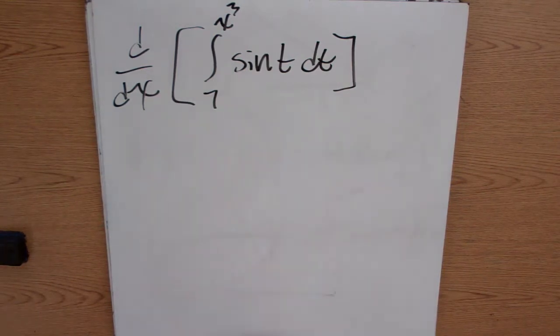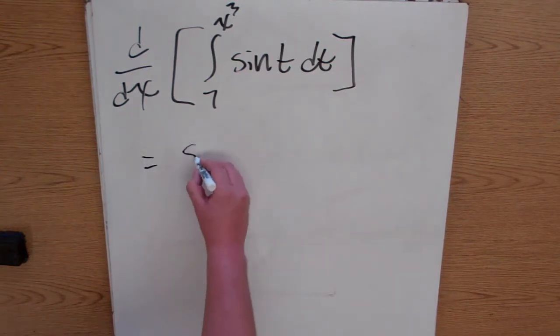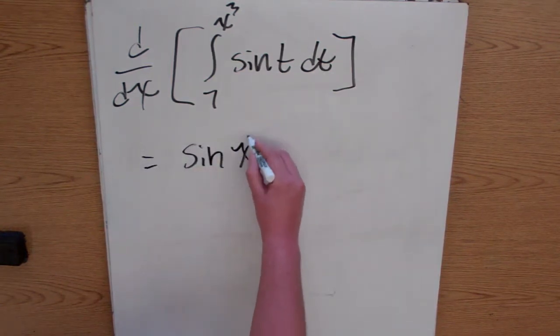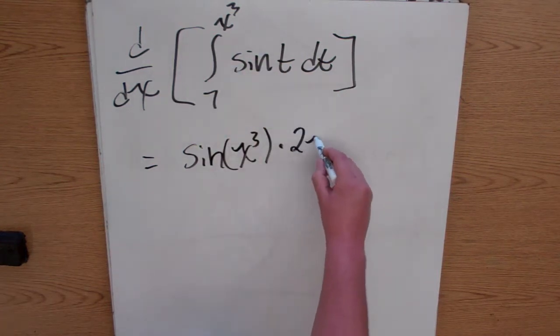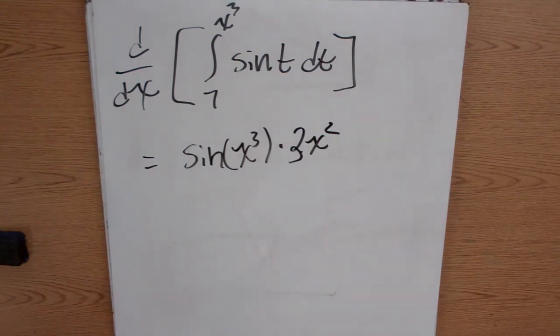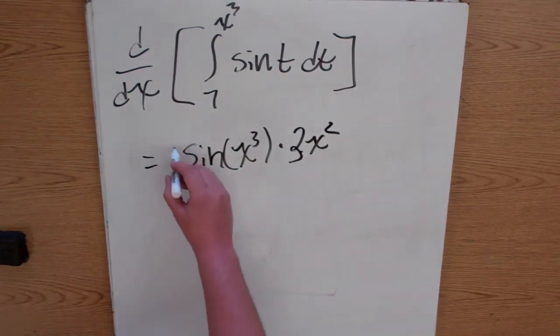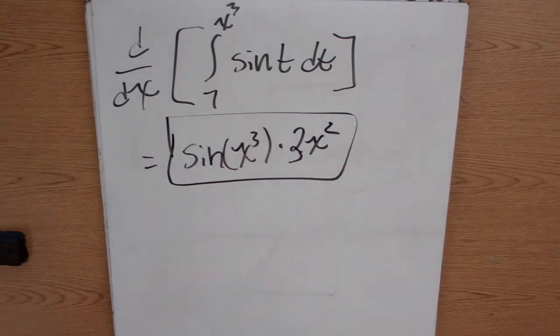Shortcut way, it's going to be the sine of x cubed times the derivative of x cubed, which is 3x squared. That is your answer. That is the derivative of the integral.